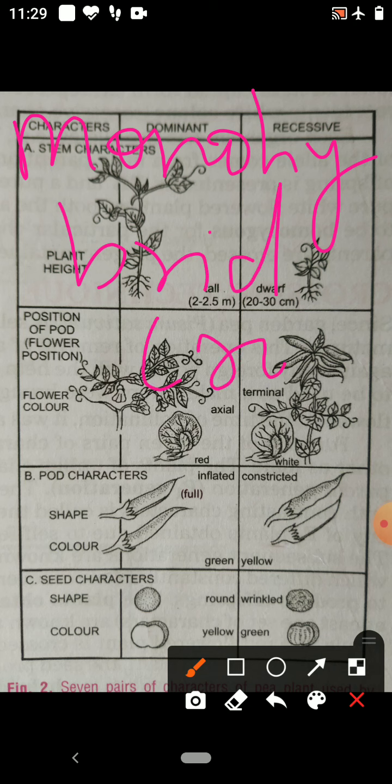So what is the monohybrid cross? A cross between two pure parents taking one pair of contrasting characters is a monohybrid cross.